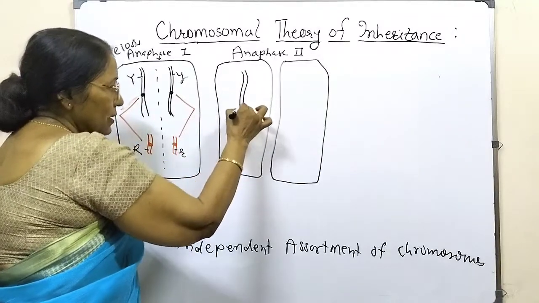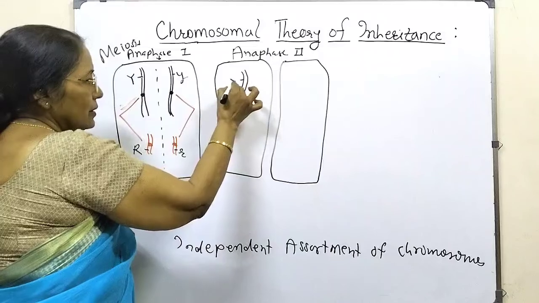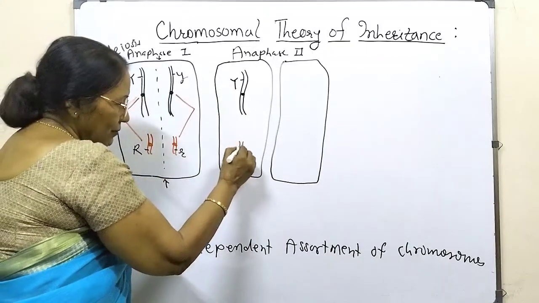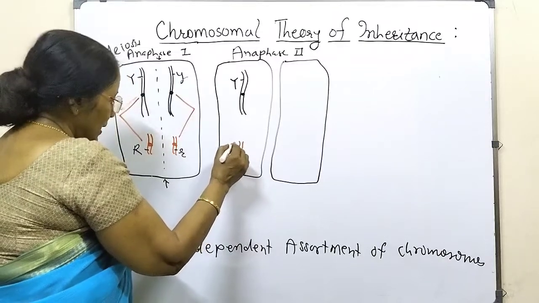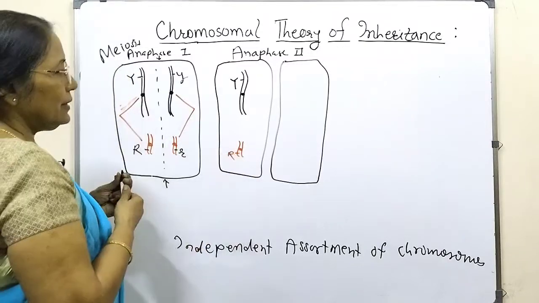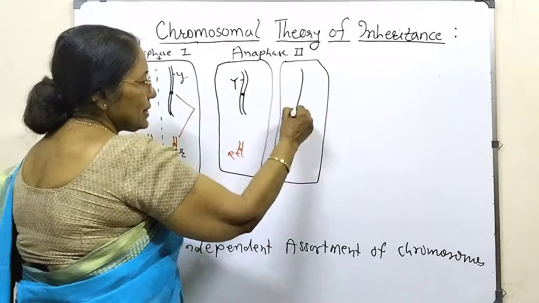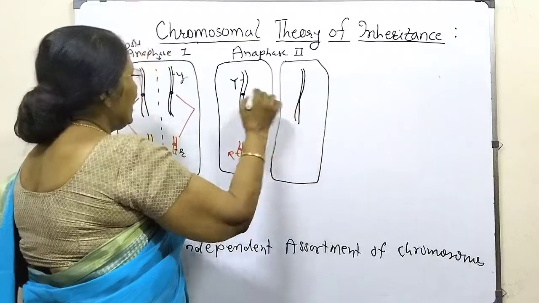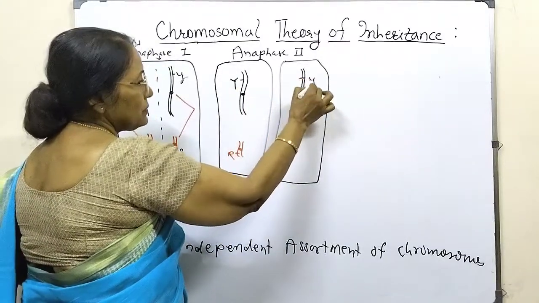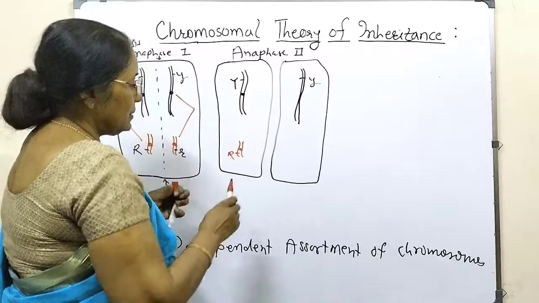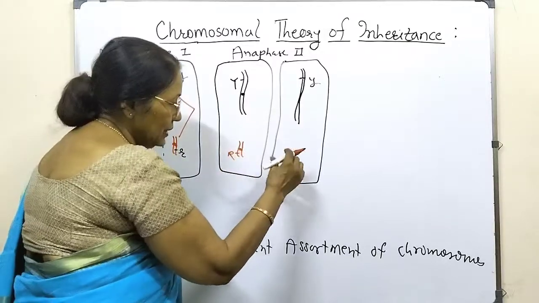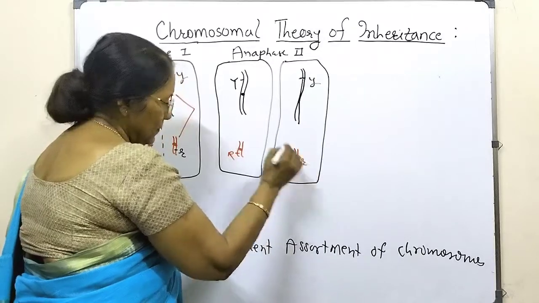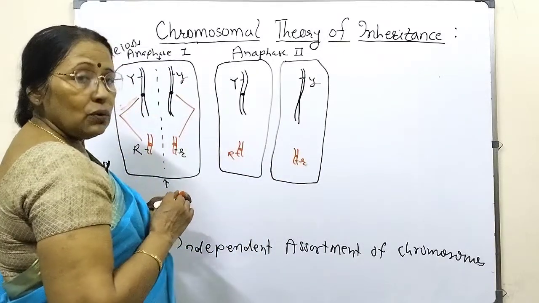One this big black one having the capital Y and this red one having the capital R, and this chromosome, it is having homologous pair of this one which has at the same loci the small y, and here the homologous pair of this one which is having the small r. Done.